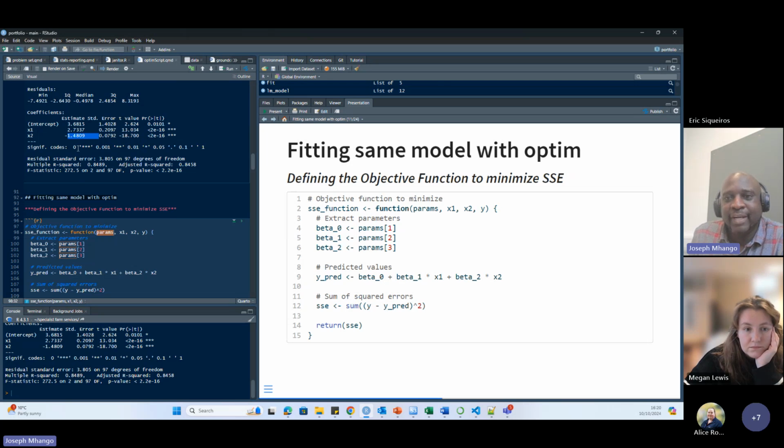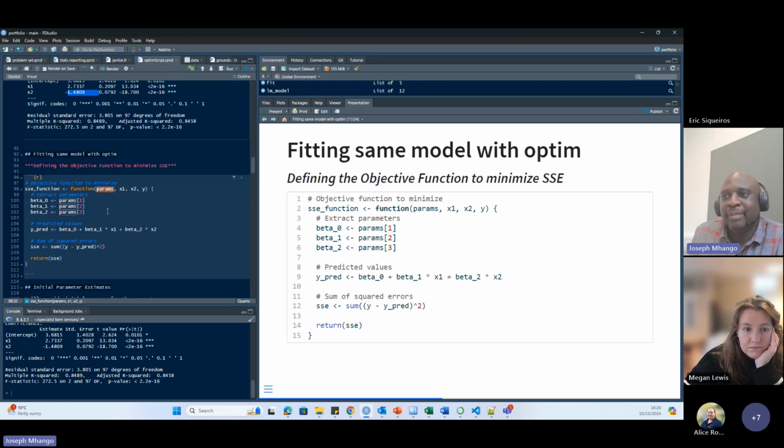That's what we're looking for, right? So the objective function says, we take 3 parameters and we will fit the equation that we want to get out of the model.